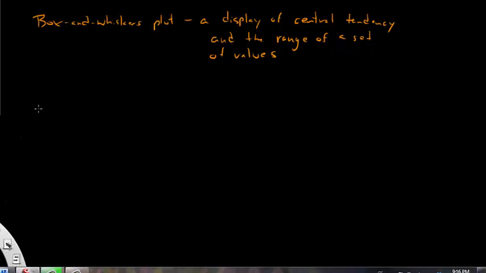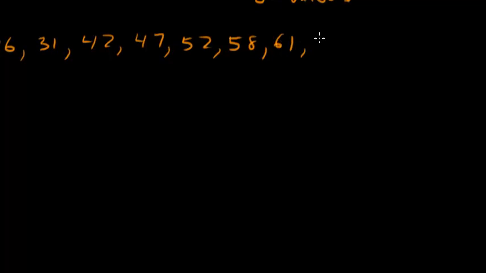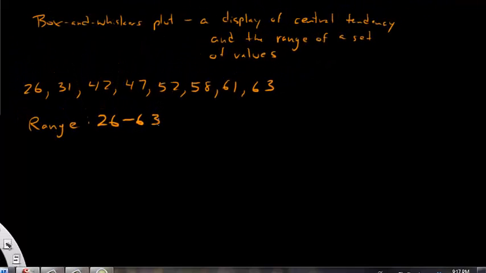Okay, so what's range? What does that mean? So if I give you a set of values like this, 31, 42, 47, okay, this will be nice and tidy, this one. The range of values is from 26 to 63.